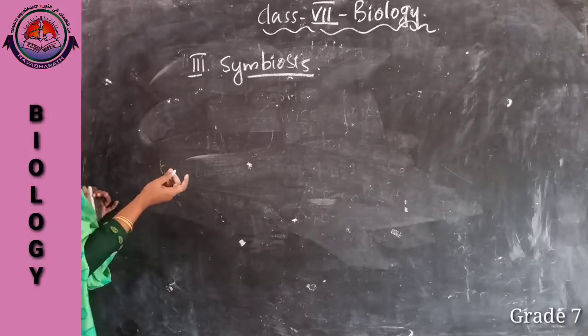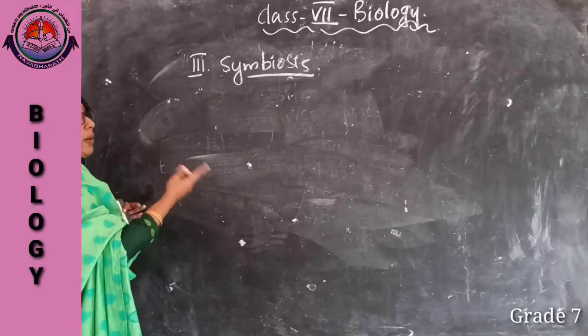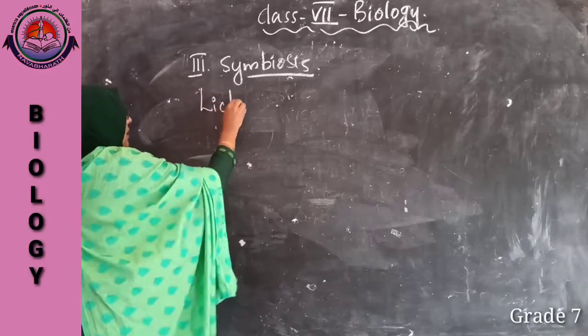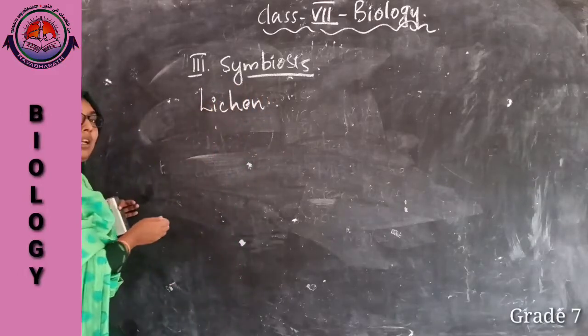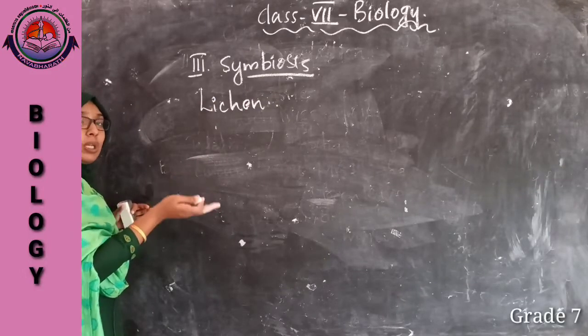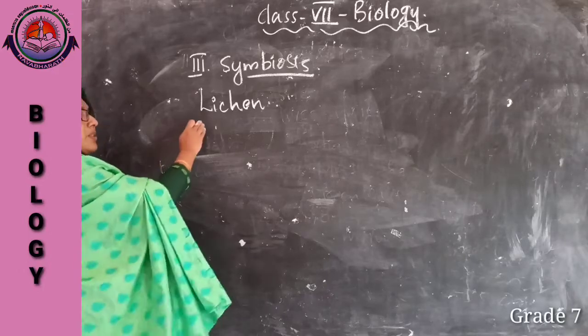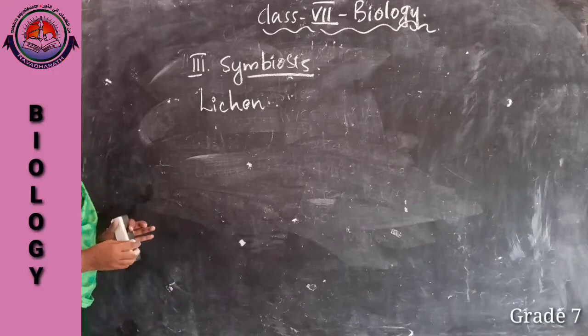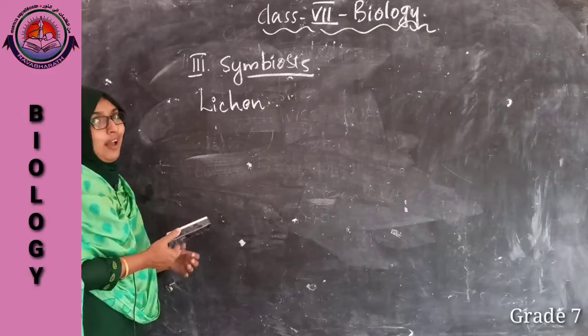Again we can come to know more about symbiosis with the help of an example, that is lichen. You can pronounce it either as lichens also, but I pronounce it as lichen. Okay, lichen. So lichen is an amazing form of life.